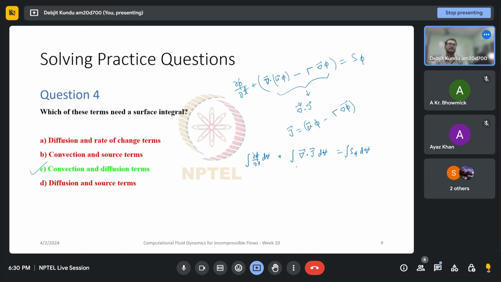Now, this term, if we look closely, has a divergence of some vector, right? So we can use Gauss divergence theorem here and convert this volume integral into a surface integral.